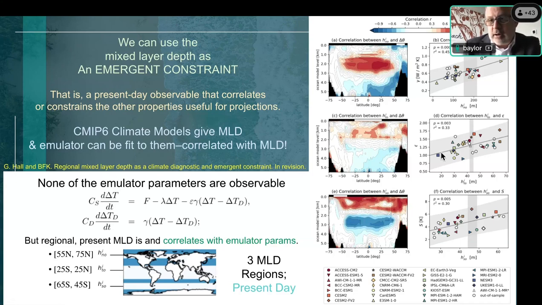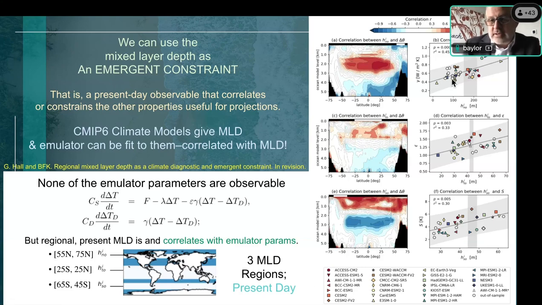And so when you do scatter plots of the different parameters of this model, along with these different mixed layer depths, frequently you find a pretty reasonable proportionality. This vertical bar here shows the observed range of mixed layer depth. So as you can see, most of the models are not within the observed limits.